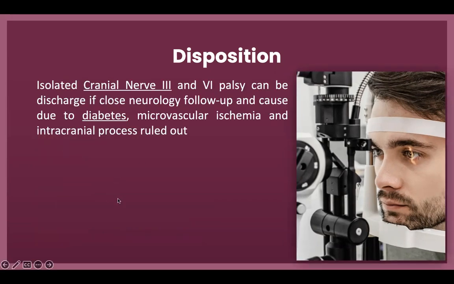Otherwise, if you have isolated cranial nerve 3 and 4 palsy, the patient can be discharged and given a near appointment with the ophthalmologist unless there is evidence of microvascular ischemia or intracranial issue.